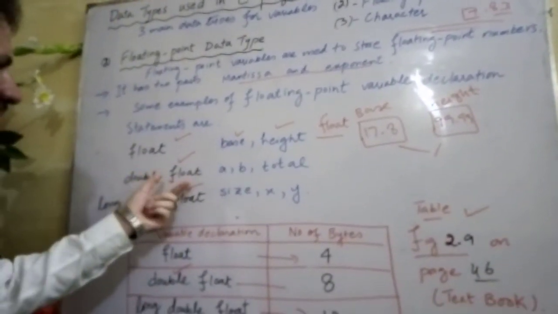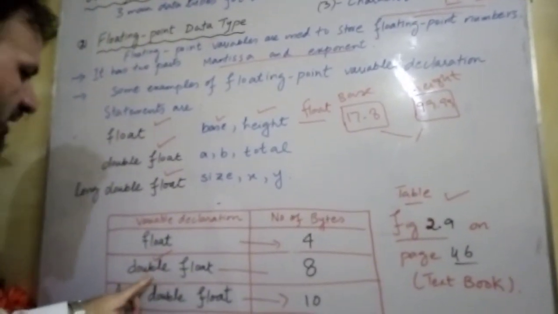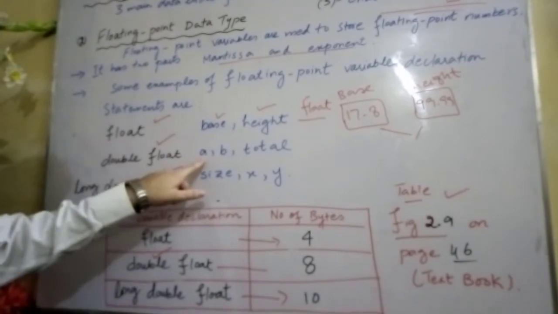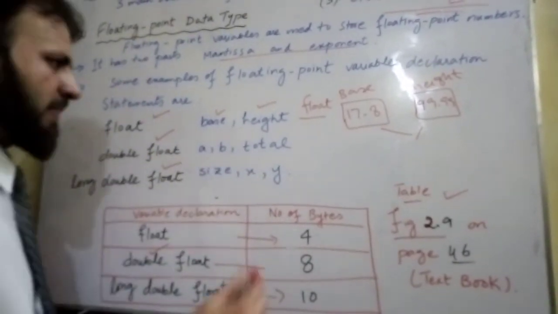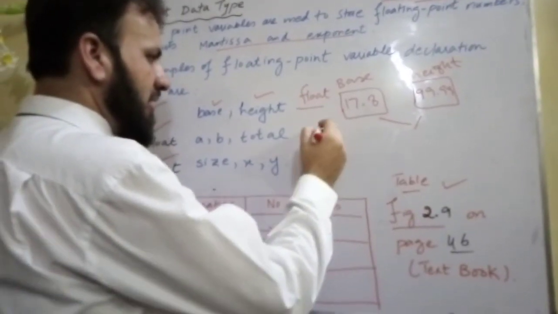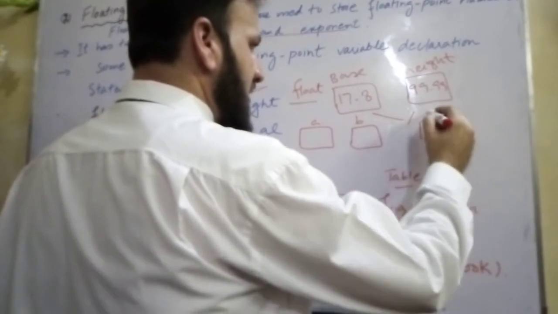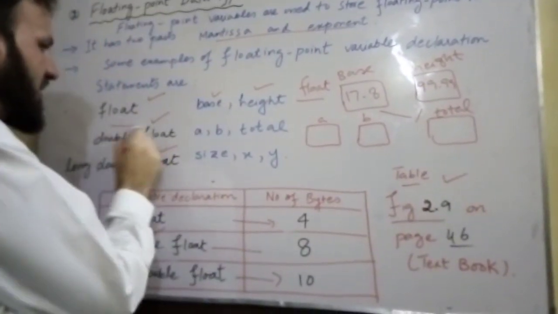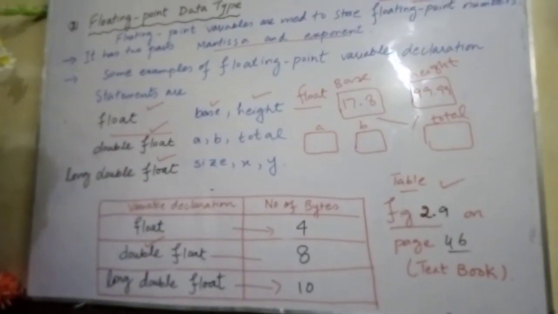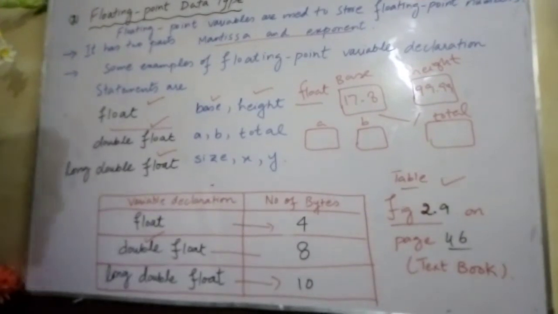Similarly, when we have greater float values, then we can use double data type. Here a, b and total, there are three variables that have data type double, so they will contain larger values than float.